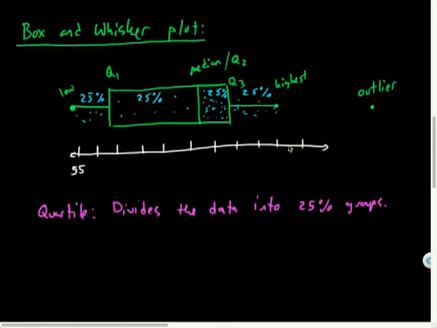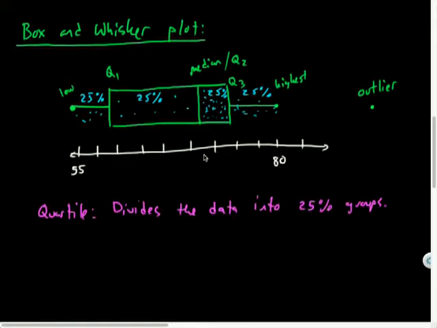Maybe my real highest over here is 100, but the best the rest of the students did was maybe 80. This was my midterm grades. I could say a lot of students scored between these values, or that 50% of my students scored beyond this location. So you can analyze it in all sorts of ways.